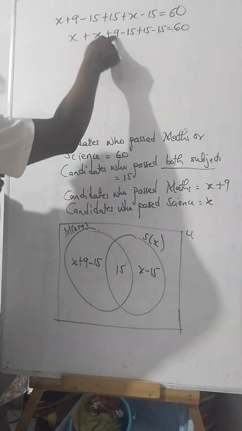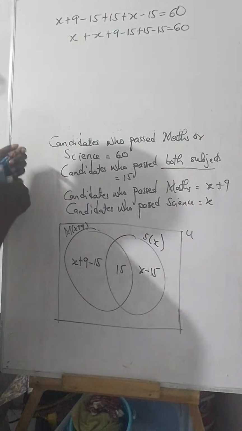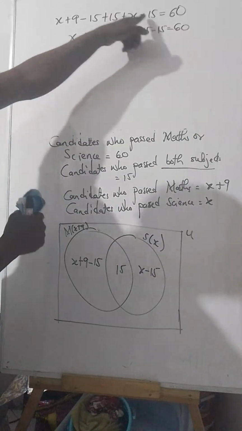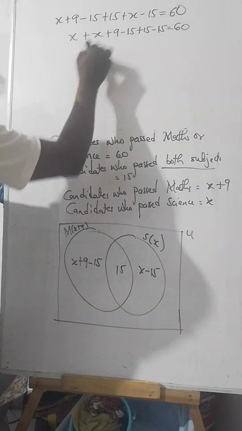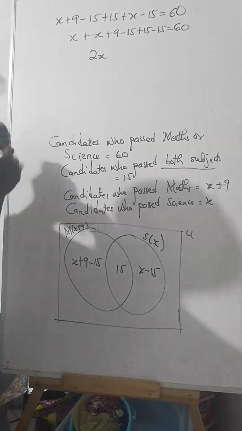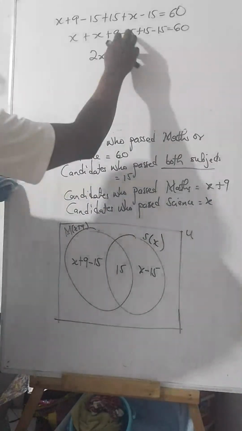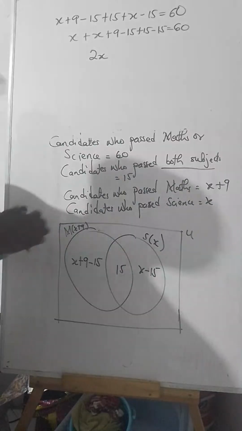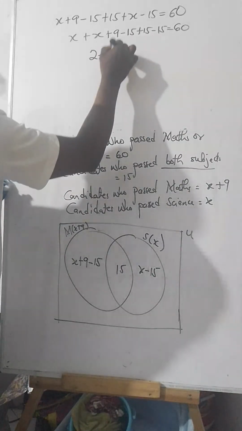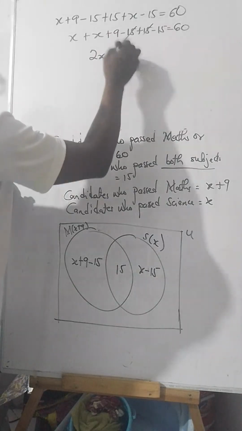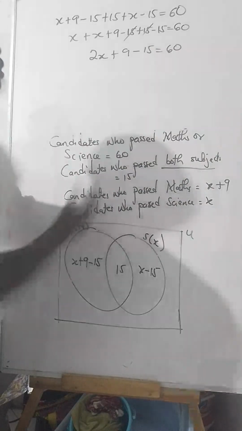So 9 minus 15, plus 15 here and minus this 15, equals 60. So this will give us 2x. The minus 15 plus 15 is 0, so we have 9 minus 15 and that will give you 60.